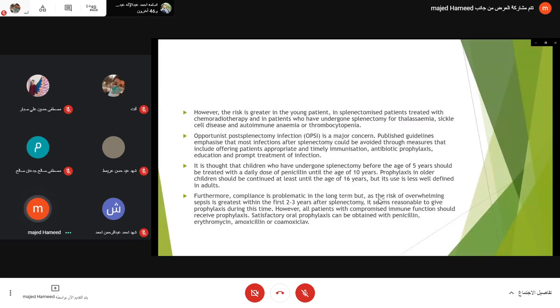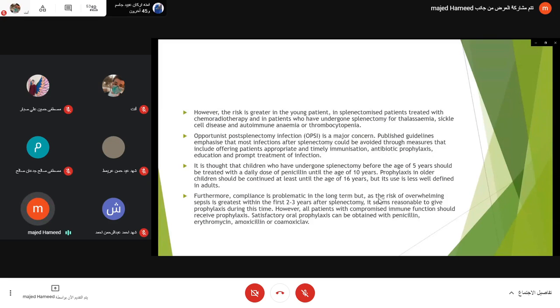Published guidelines emphasize that most infection after splenectomy could be avoided through measures that include offering patients appropriate and timely immunization, antibiotic prophylaxis, education, and prompt treatment of infection.